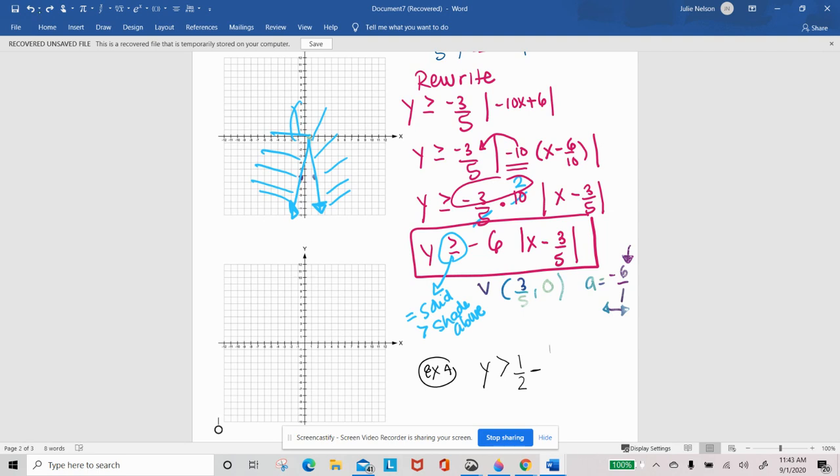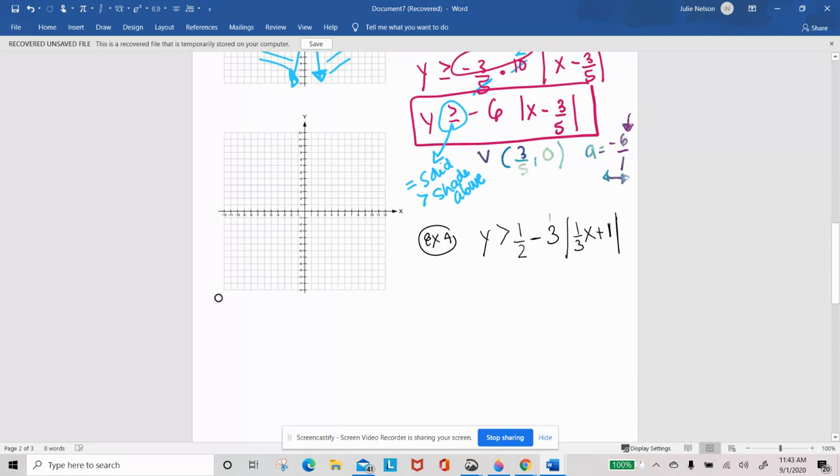Y is greater than 1/2 minus 3 times the absolute value of 1/3 x plus 1. So make sure you're not just paying attention, but you're actually trying to do these problems yourself. Okay.